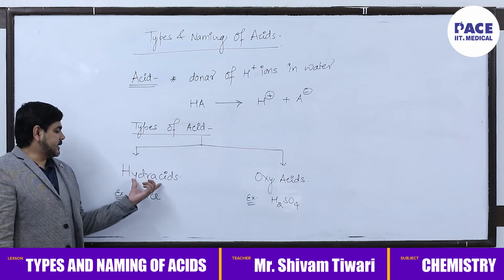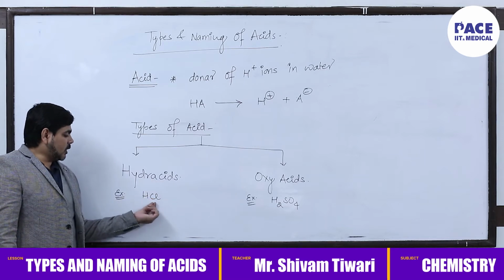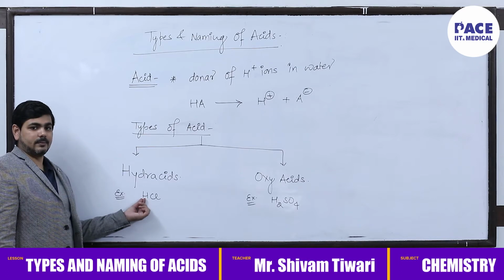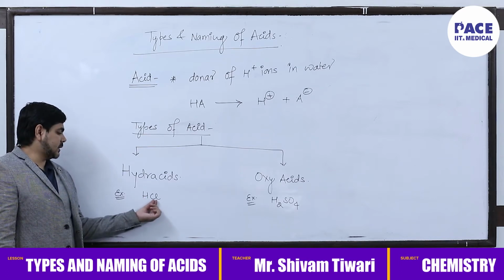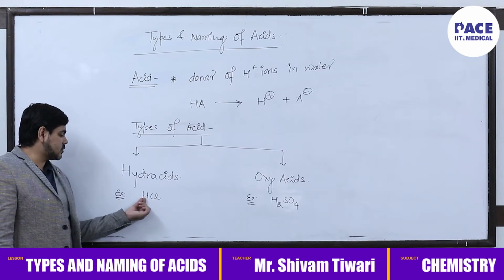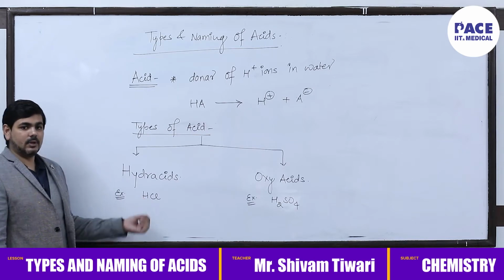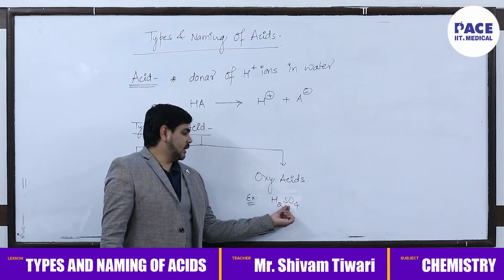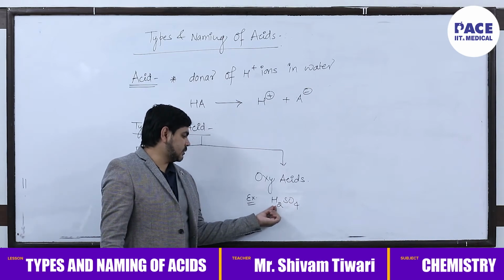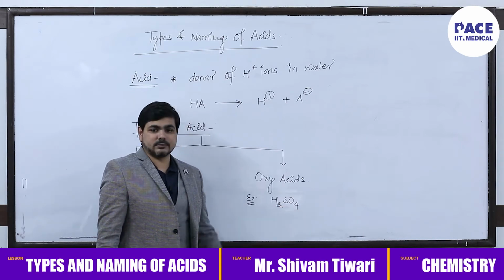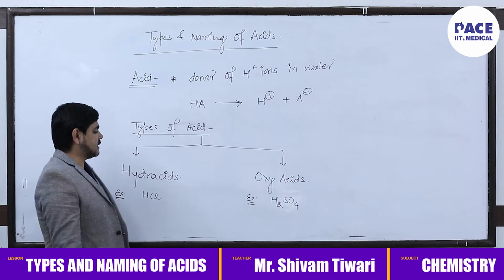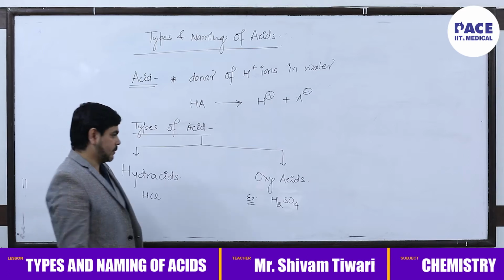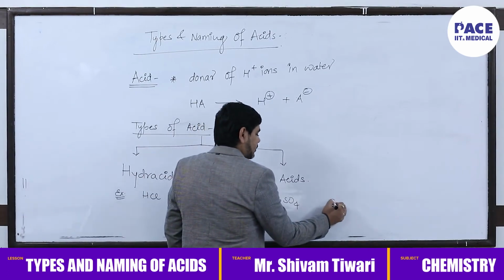In hydroacid, the non-metal is directly attached to hydrogen. The non-metal, let's say chlorine over here, is directly attached to hydrogen. In oxyacid, the non-metal, that is sulfur, is not directly attached to hydrogen, it is attached to oxygen. If I write the structure of H2SO4, you will be able to understand more.